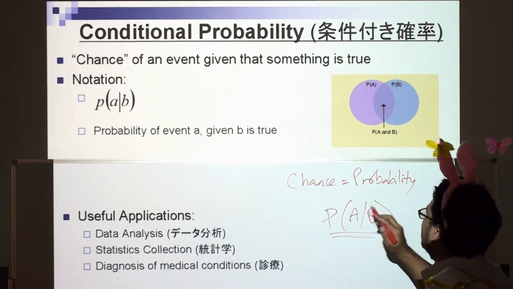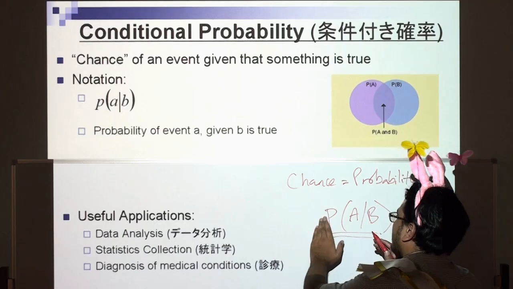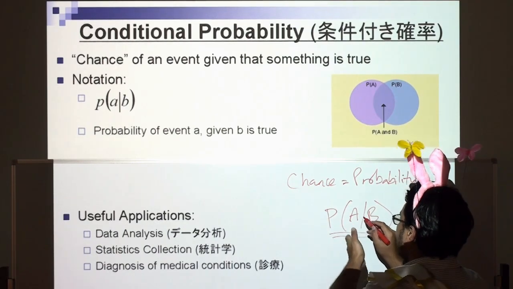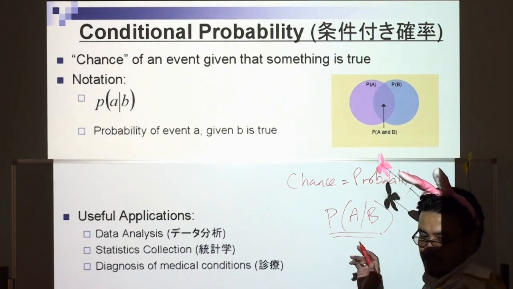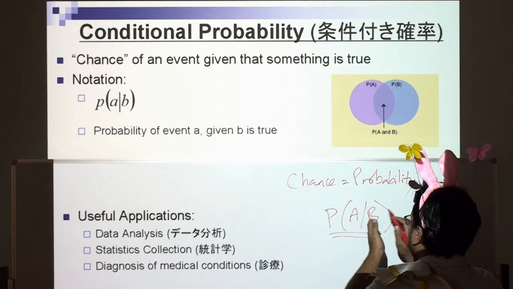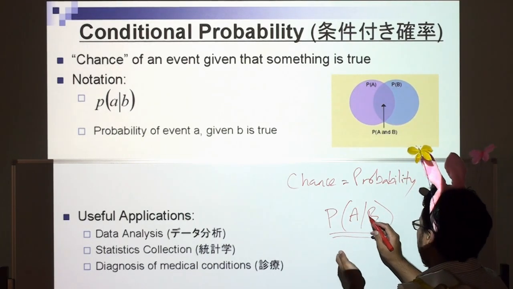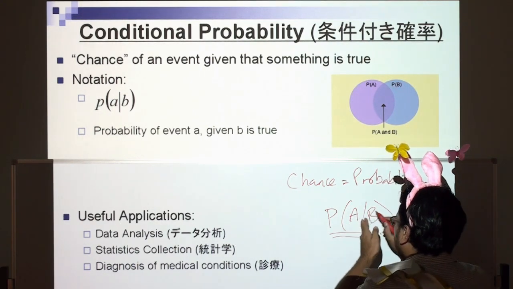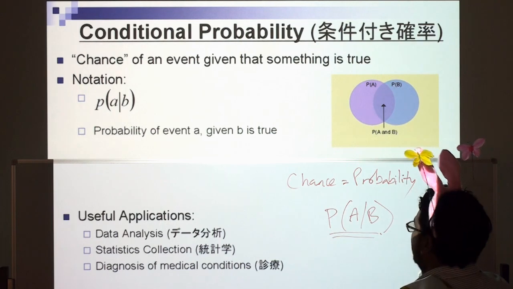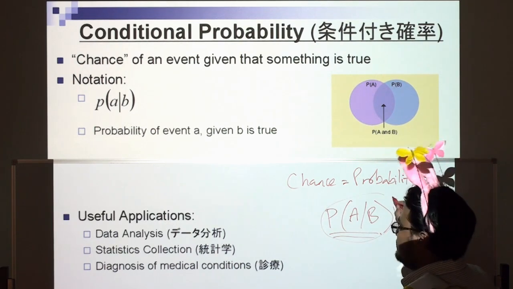What this means is, what is the probability of event A given that B is true? For example, what is the probability of becoming a doctor if you are a female? More on this soon.